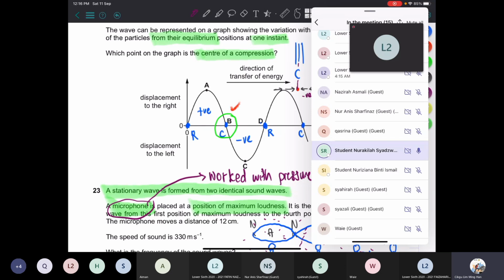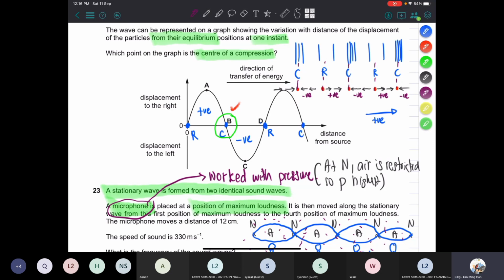Explanation, sir. Definition? Estimation.